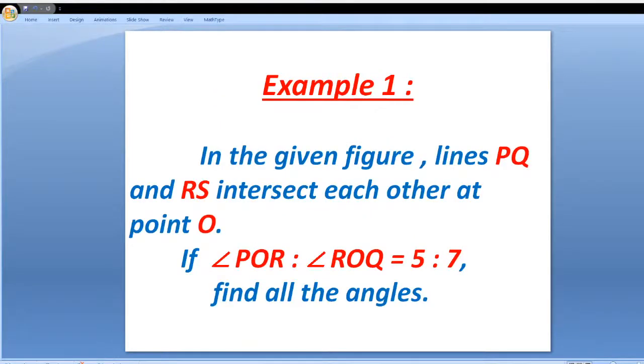Given that angle POR to angle ROQ is in the ratio 5:7.